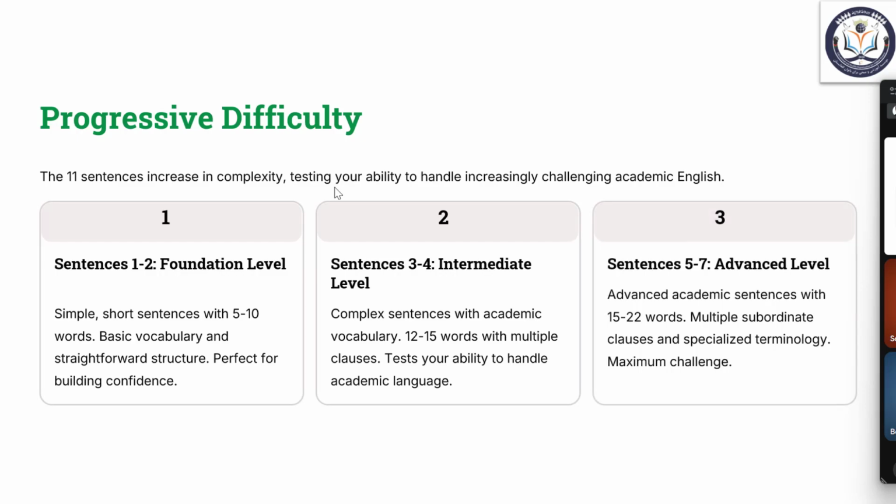And the last one is the advanced level, sentences 5 to 7, ranging between 15 to 22 words, or often more than that. It is all advanced academic sentences, and usually this type of difficulty in listen and repeat includes subordinate clauses and specialized terminologies. So this is the progressive difficulty that we may face in the listen and repeat task.